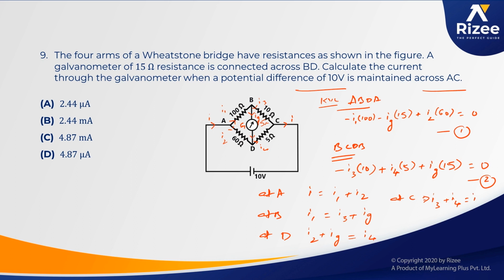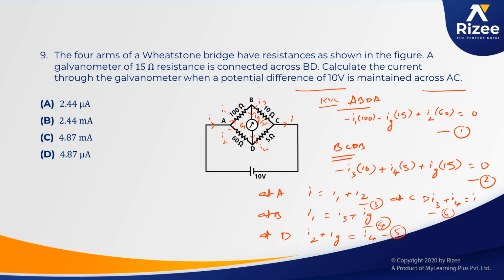So using these equations, how many equations have we got? 1, 2. This is the third equation. This is the fourth equation. This one is the fifth one. This is the sixth one. Or else if you want, you can also write other equations.